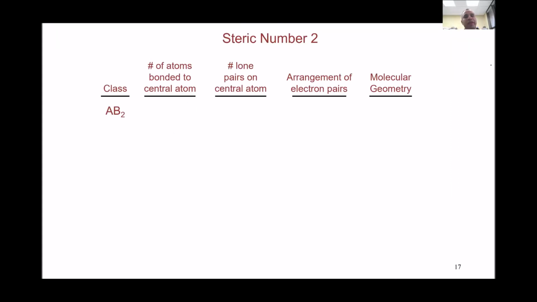If we start from a compound with 2 terminal atoms around the central atom, you will see that the number of terminal atoms is 2 and the number of lone pairs is 0, which means you have 2 domains in total. For 2 domains, the electronic geometry is going to be linear, with a 180 degree angle between the hybrid orbitals.